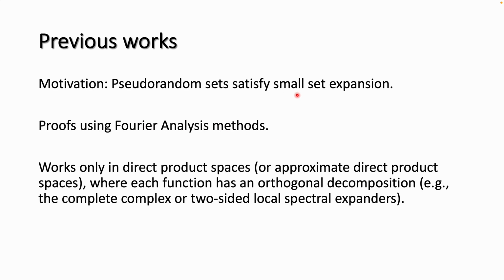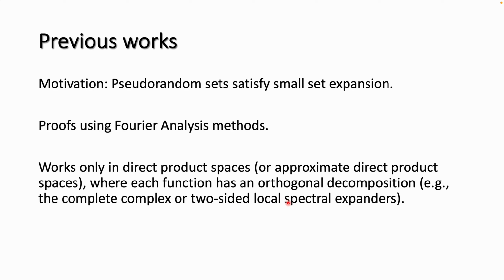And then we can prove small set expansion for small pseudo-random sets. That works in complexes like the complete complex or two-sided local spectral expanders. I won't get into the definitions, but it works in some sorts of complexes.